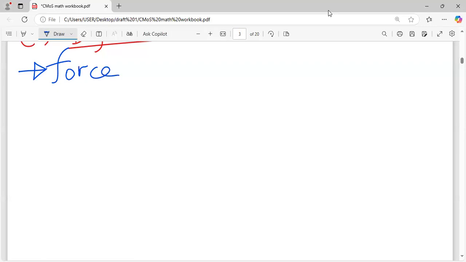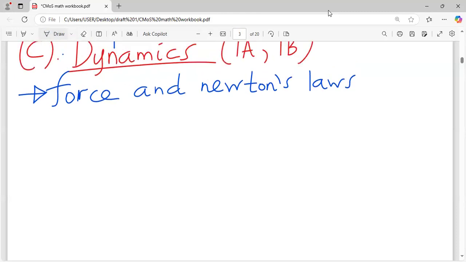Force, we have force, Newton's laws of motion.